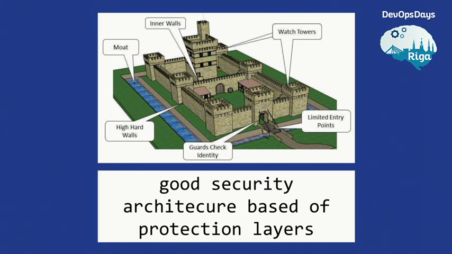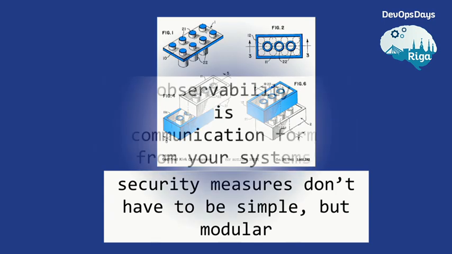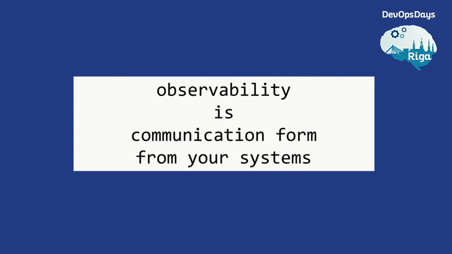The key to success for architecture is that it has to be built like a medieval castle in protection layers, so that if one layer fails, there are other layers. These layers have to be modular as a brick. It doesn't have to be simple inside, but it has to be easy to add and easy to remove from production, because it's changing all the time.